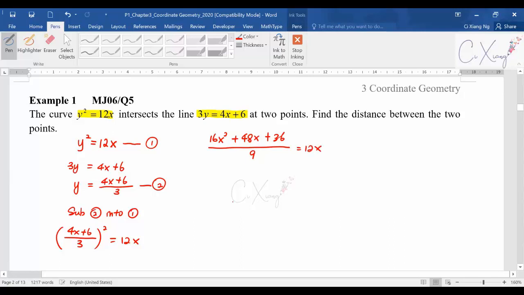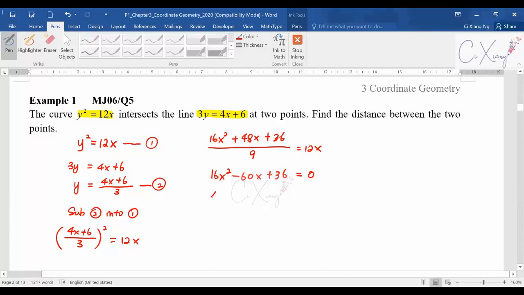So this is what I have here. And then if I simplify everything, I have 16x squared, then you take 48 minus 12 times 9, so you have negative 60x plus 36, and it equals 0.